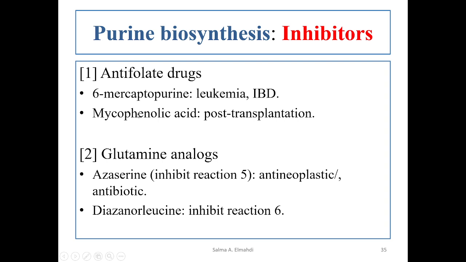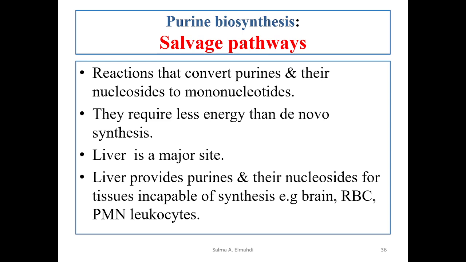Examples include 6-mercaptopurine, which is used in the treatment of leukemia and inflammatory bowel disease, and mycophenolic acid, which is used as an immunosuppressant in post-transplantation reaction as well as many rheumatic conditions. Glutamine analogs, such as azaserine, are used as antineoplastic and antibiotic agents. Diazo-norleucine inhibits reaction number 6 of purine biosynthesis.